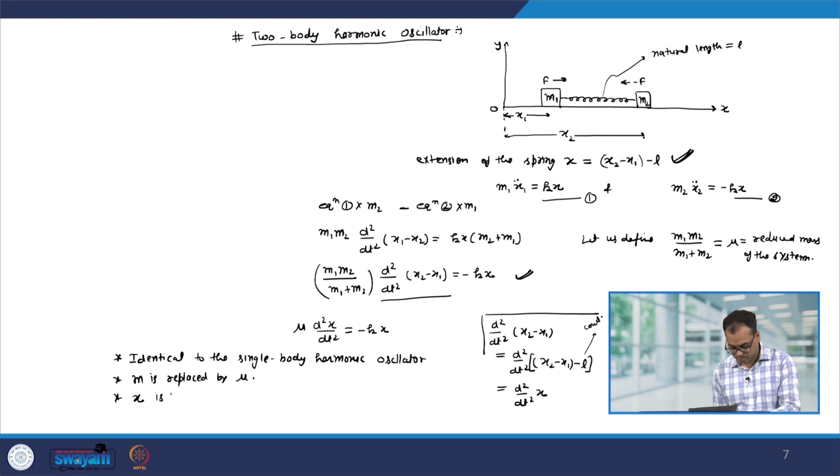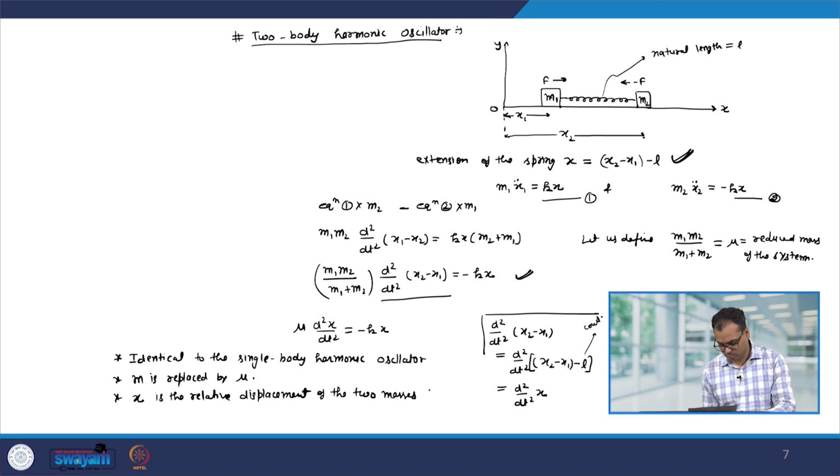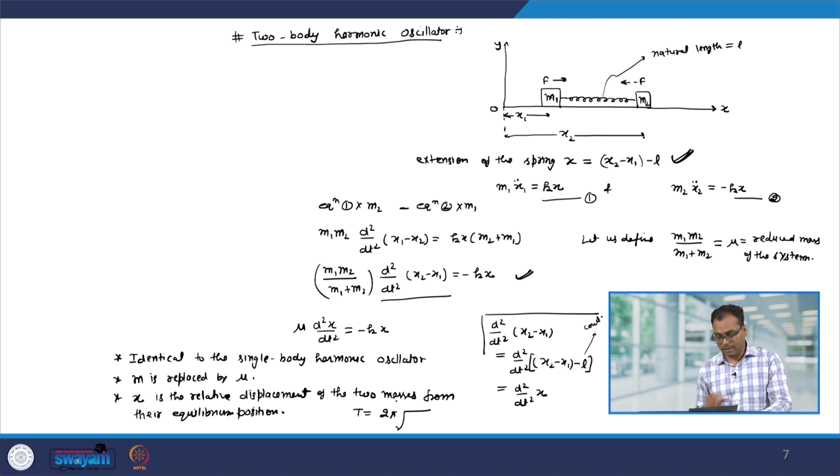Okay. Therefore, the time period of the oscillation T will be T equal to 2 pi square root, instead of m we have mu, divided by k.